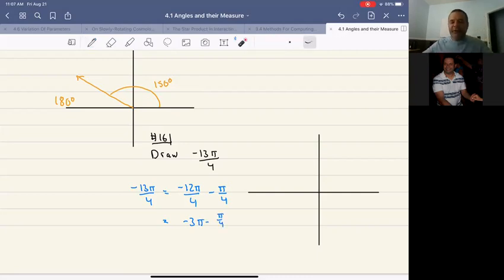So now we're going to go around, not 3 times. Remember, 2 pi is a full way around. So pi is halfway around the circle. Furthermore, the negative, although it doesn't really matter in this case, tells us that we're going clockwise instead of counterclockwise.